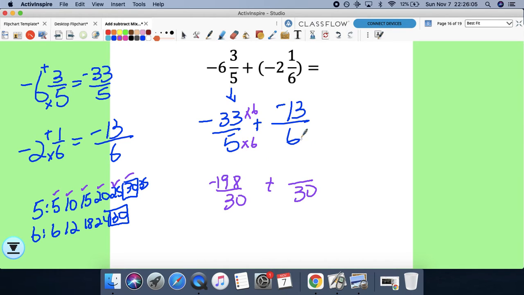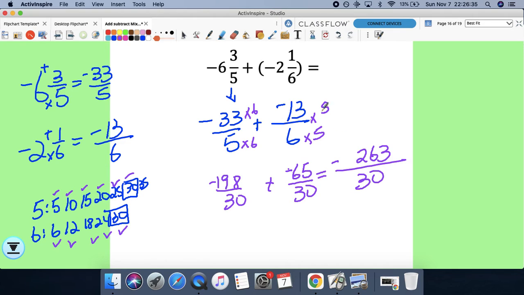And then here, 6 times what is 30? 6 times 5. And then on top times 5, and that's going to give us negative 65. We can add. The bottom's going to be 30, and the top's going to be negative. Negative 198 plus negative 65, they're friends, so it's going to give me negative 263.